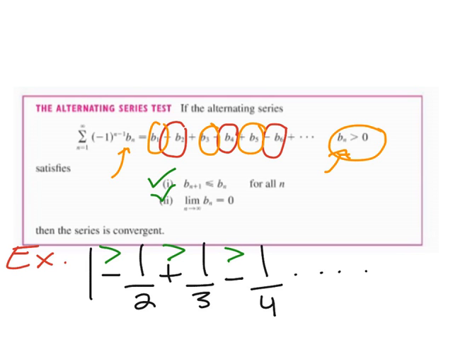Let's put this in other words, in terms of a graph. If we have a certain number line, we need to graph our b of n as a horizontal line.